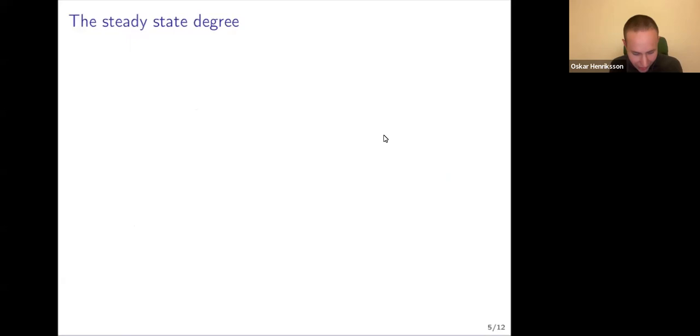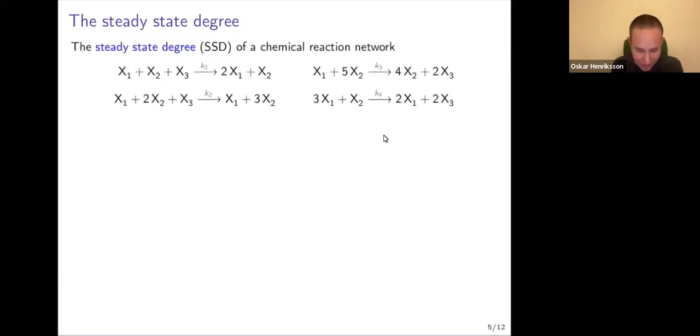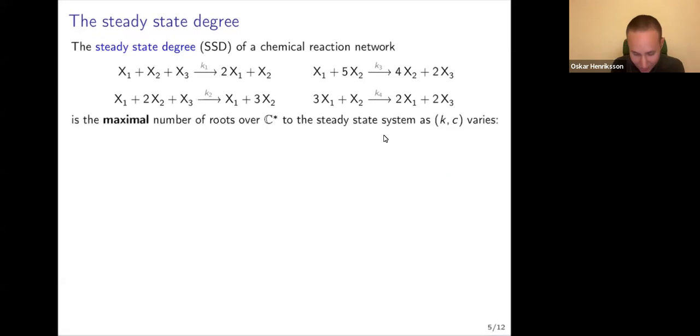Okay, let me move on and just explain again what the steady state degree is. The only difference really compared to what Elizabeth told us about is that I work over the non-zero complex numbers, right? Because I don't want to bother with these boundary steady states. But other than that, it's the same.